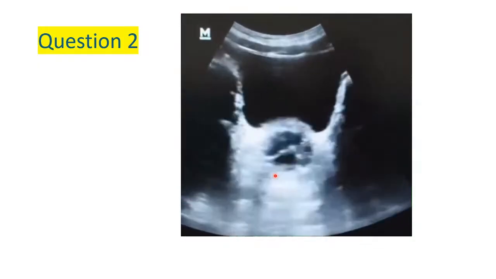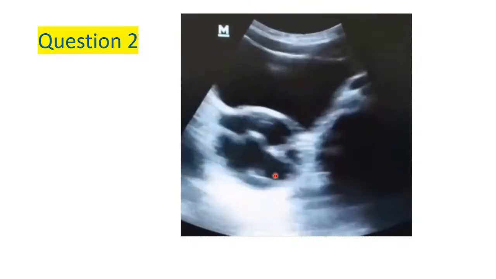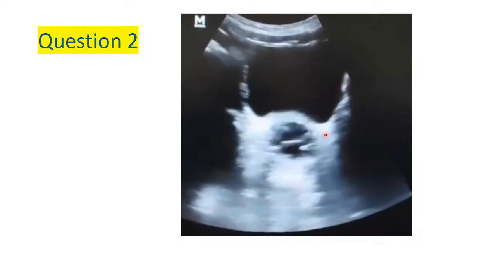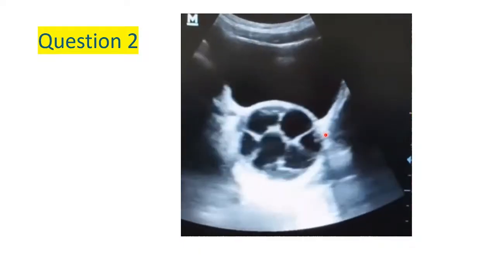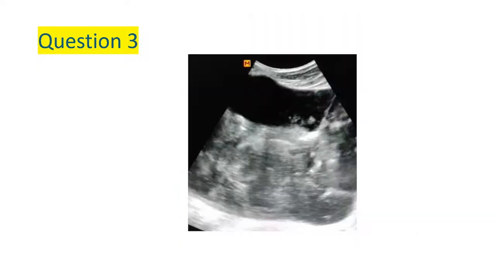So this is the morphology of a theca lutein cyst. So these theca lutein cysts normally exist due to a surge in beta HCG that mostly happens with molar pregnancies. So those patients with molar pregnancies are the ones who mostly develop these theca lutein cysts.